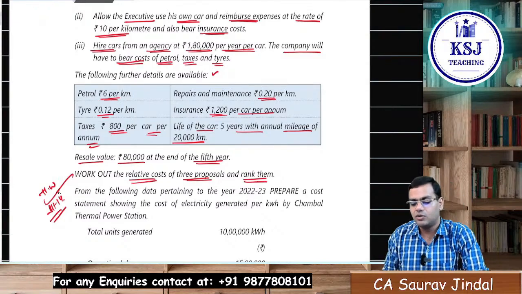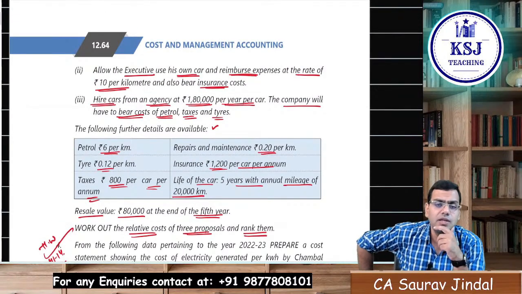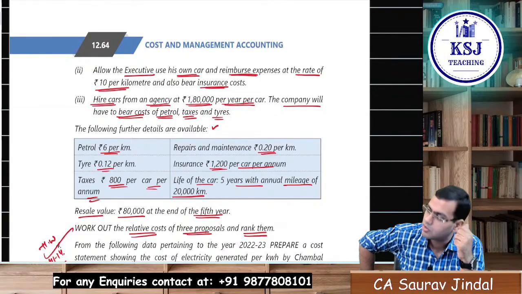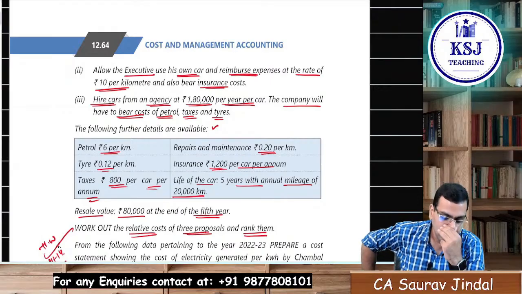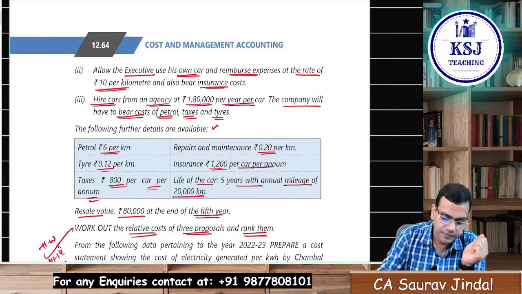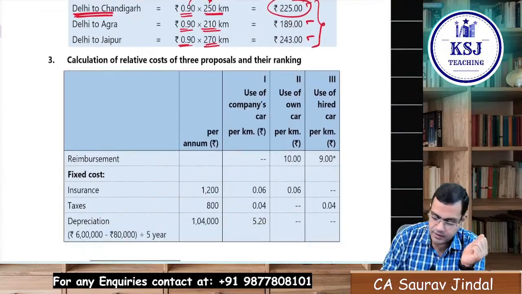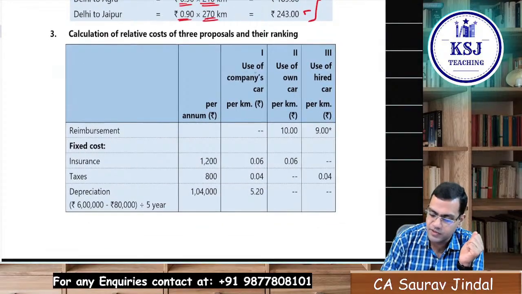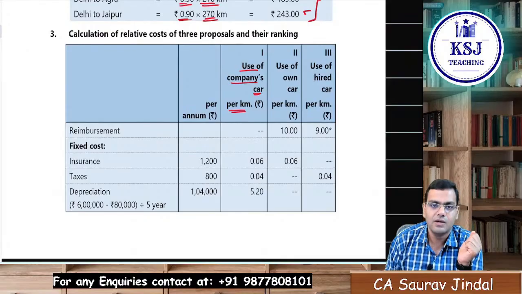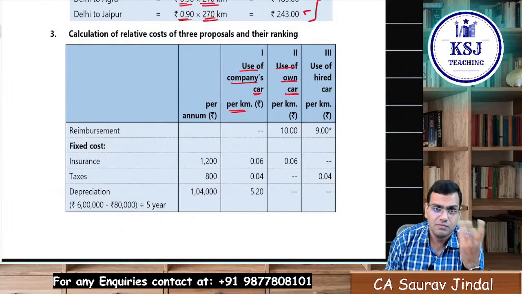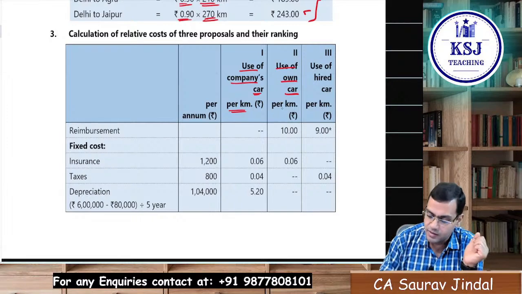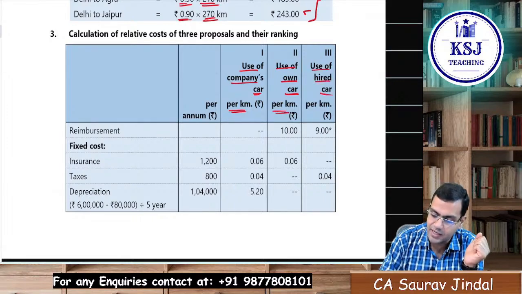So what we will try to do is, for all the 3 proposals, calculate the cost per kilometer. Alternative 1, 2, 3. Relative cost: use of the company's own car, use of own car by the employee, and use of the hired car, per kilometer.